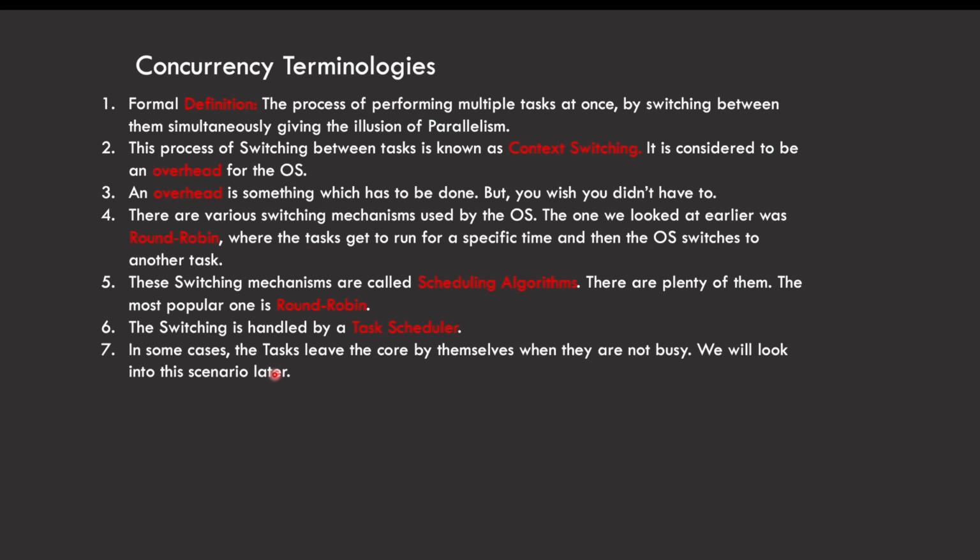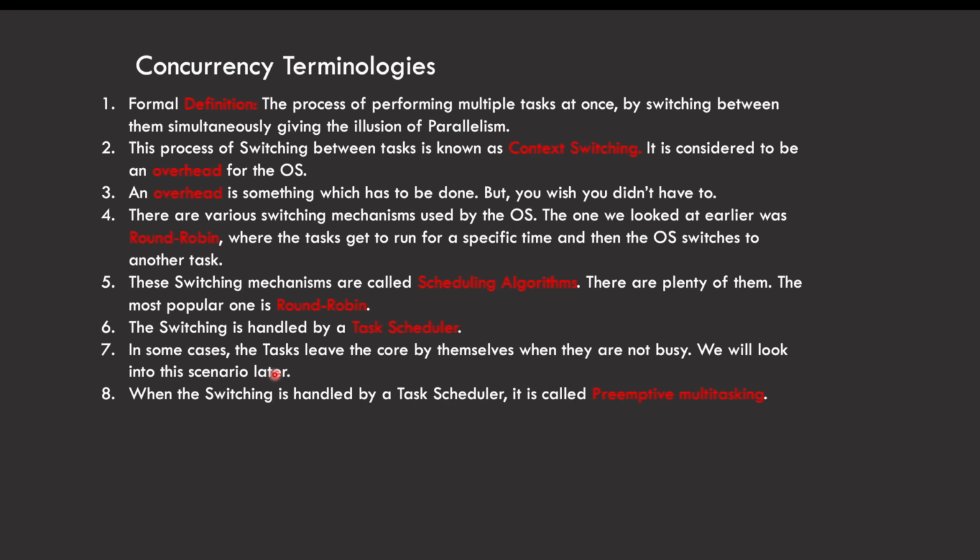So think of it like the order that you made somehow gains sentience, becomes conscious, and tells the chef that no, you've been working on me for too long, just go to some other order. But that does not happen, so a task scheduler was required. But in some cases, the tasks will themselves leave the core when they are not busy. Okay, we'll look into this scenario in the upcoming videos.